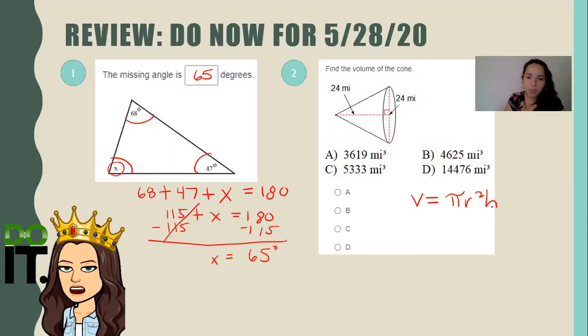Okay, but remember, the volume of a cone is pi r squared h divided by 3. You forgot to put a 3 on the bottom. I just forgot to say it. It was there. There you go. That makes it complete.